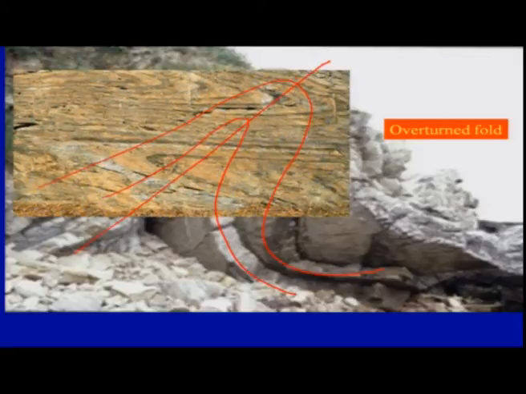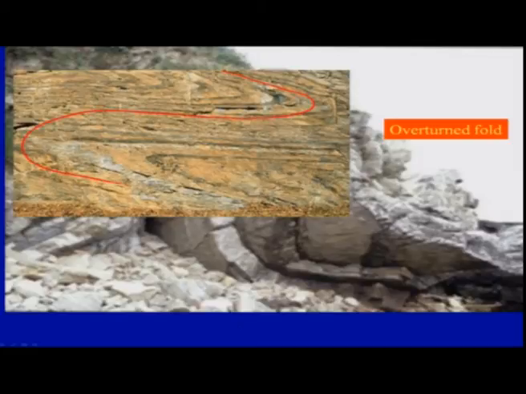Now suppose it is getting folded further. If you look at this photograph, you can make out the limb of the fold which is coming here and then getting here.